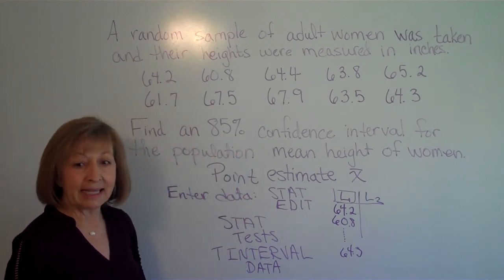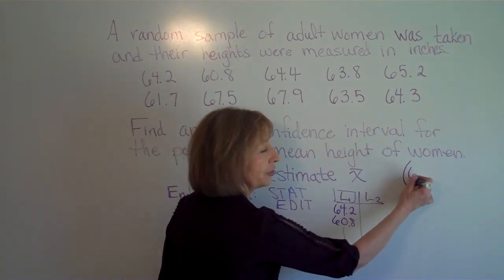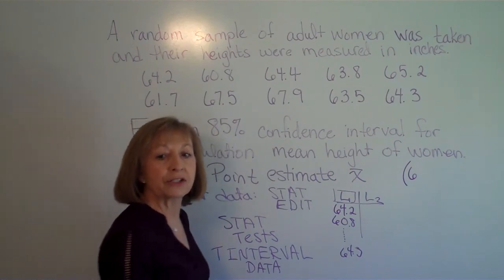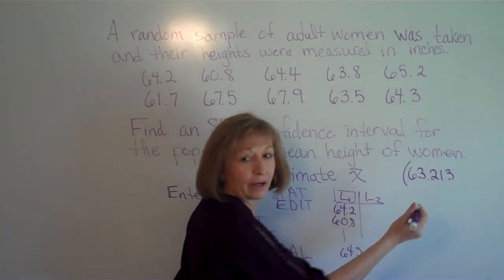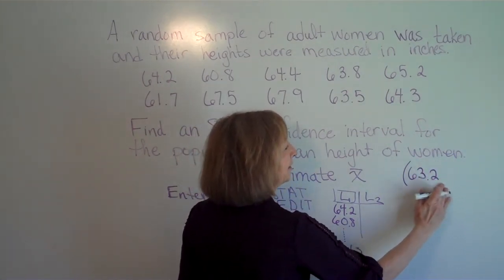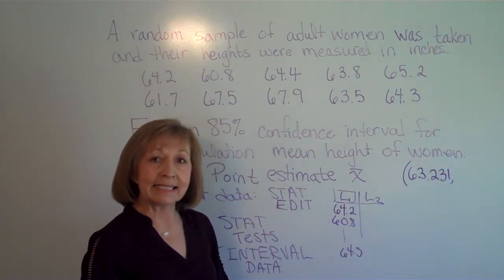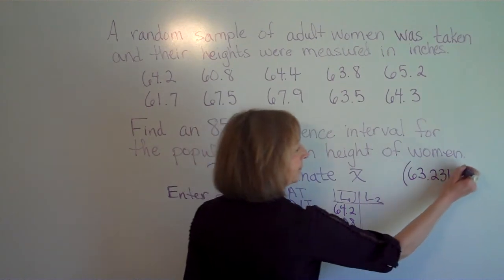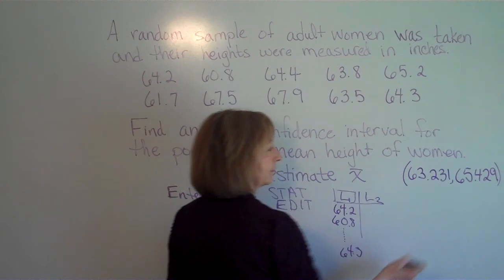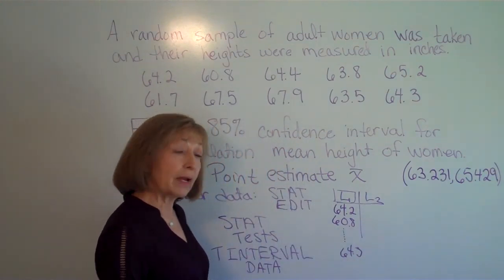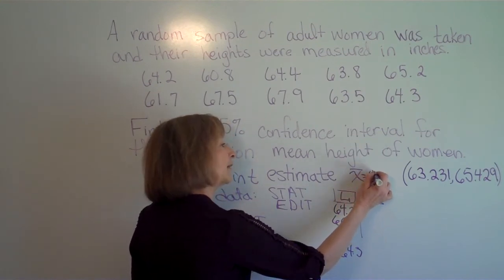So once it calculates that, it will give you an interval of values, and it should say 63.231, comma, and then 65.429. And it'll also give you x bar is equal to 64.33.